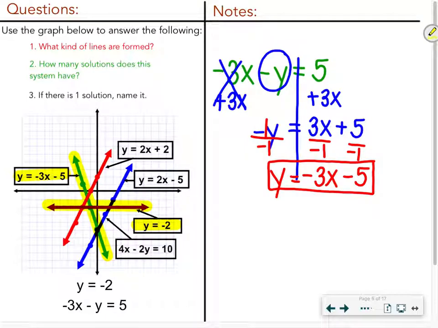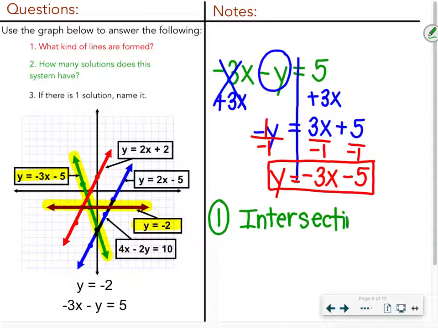Now I've got to look at where these two lines intersect, because I can see that they are intersecting. So I'm going to write down number 1. These lines are intersecting. Remember, intersecting lines cross once, so there is one solution.